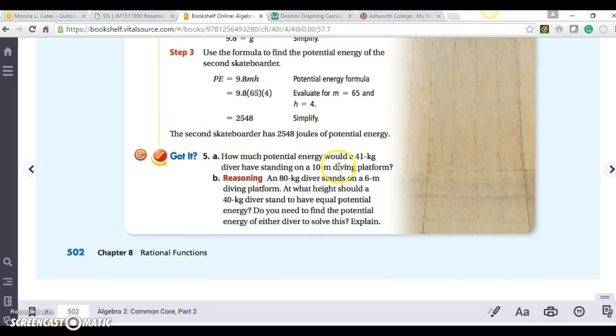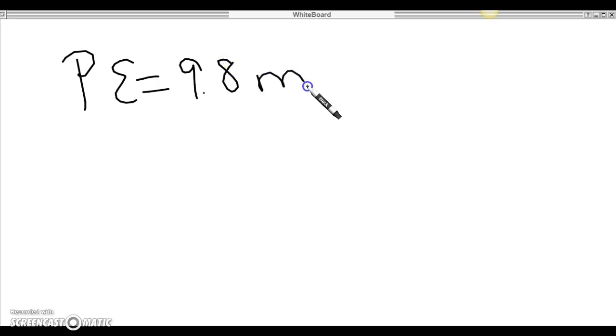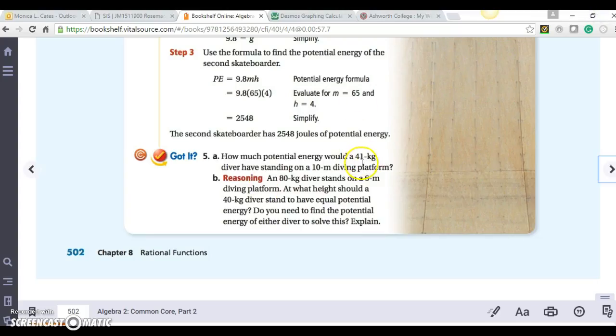It says, how much potential energy would a 41 kilogram diver have standing on a 10 meter diving platform? So we'll write the formula out again, potential energy. And we're not going to put g, we're going to go ahead and put that value in. So it's 9.8, because it's our constant value, times m times height. And we are given the mass and the height.